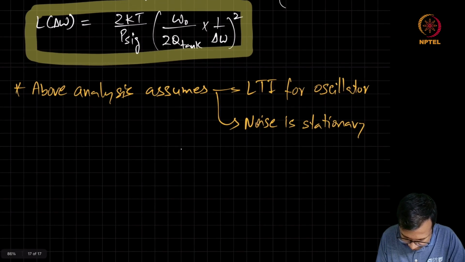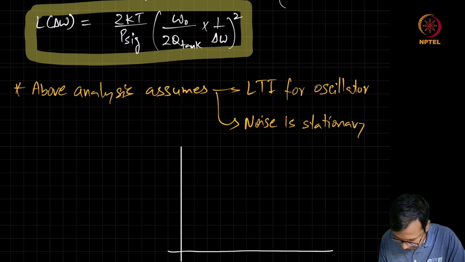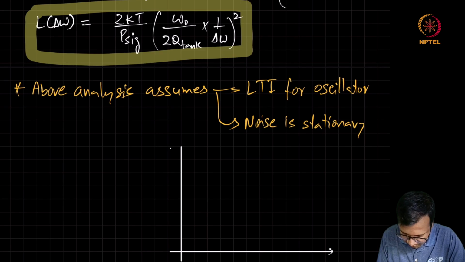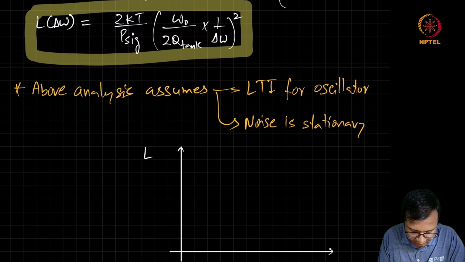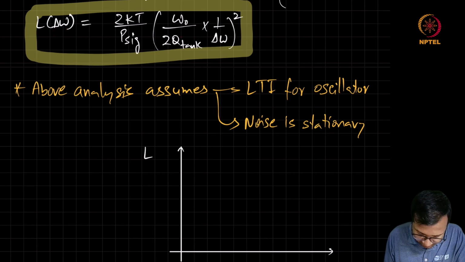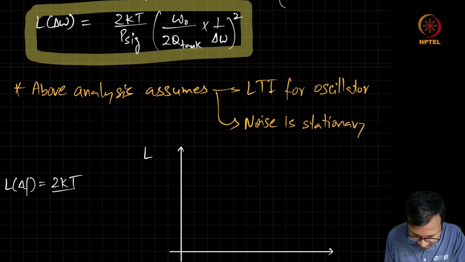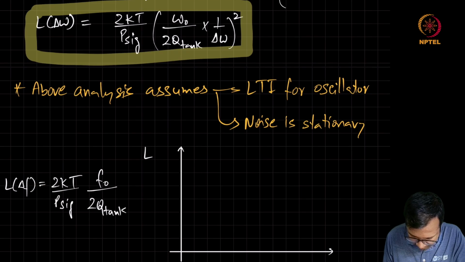So if we plot this phase noise as a function of frequency offset, we can convert this L of delta omega into L of delta F, and get this relationship: kT by P signal, F naught by Q tank, into 1 by delta F whole square.